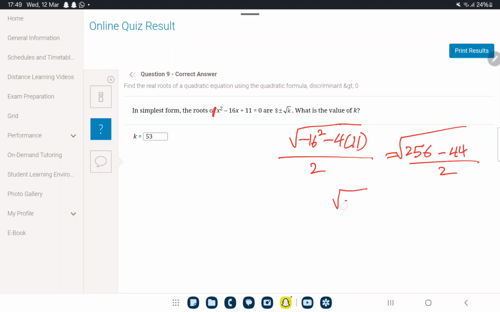So you get radical 212 over 2. You put it in your calculator and you get radical 53. So k is 53.